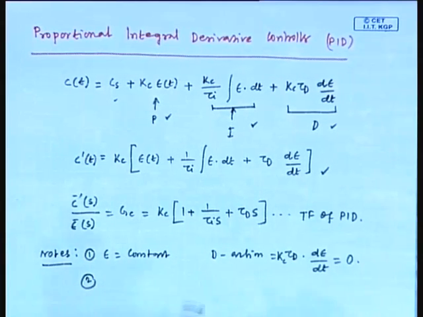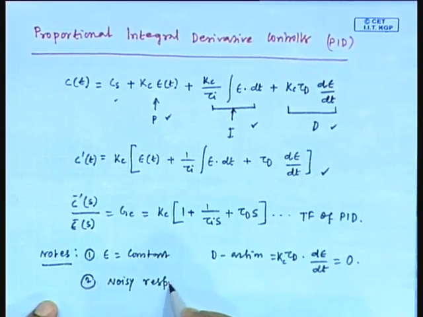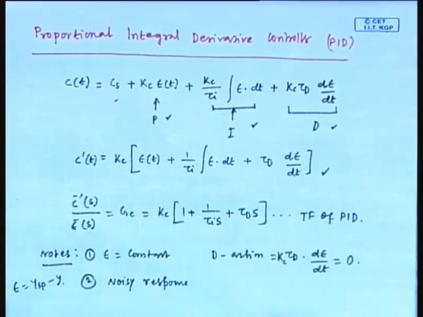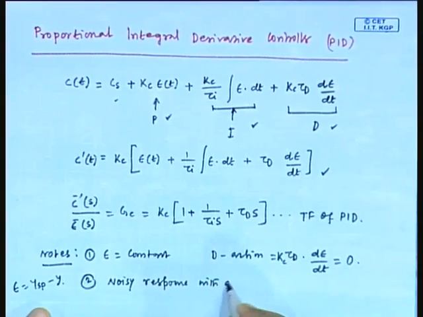Secondly, for a noisy response with almost 0 error, I mean for noisy y, because epsilon is y set point minus y. So, noisy response means noisy y with almost 0 error.